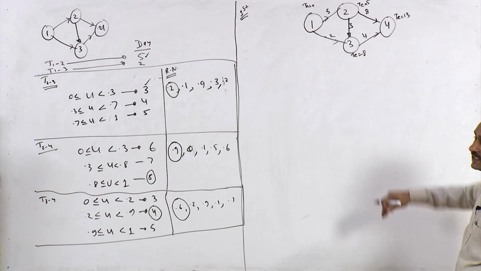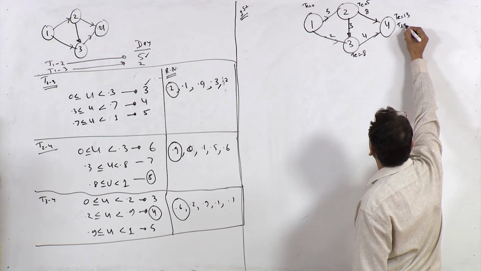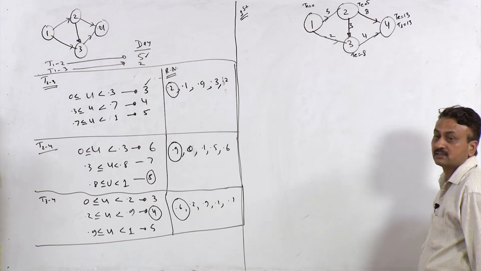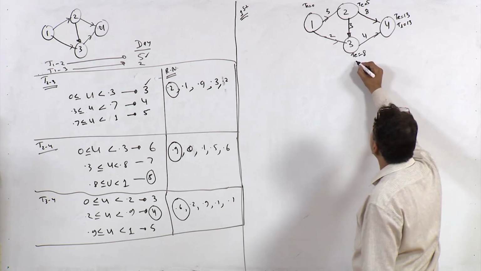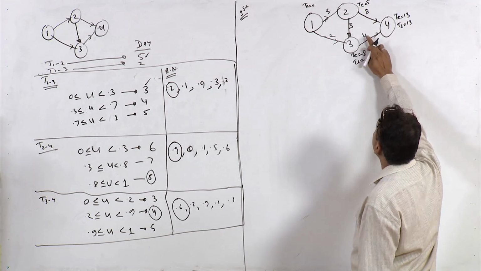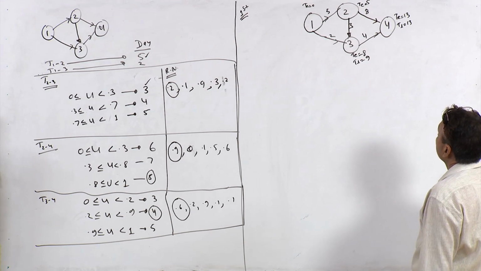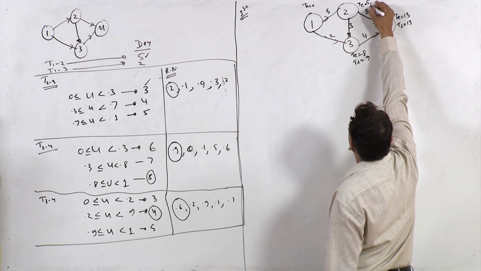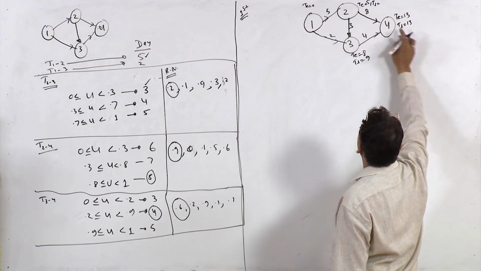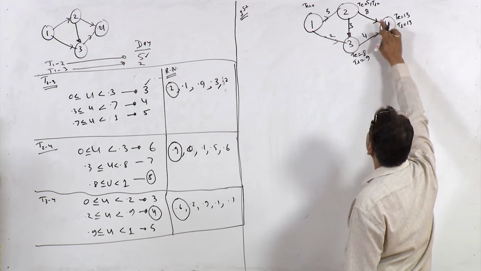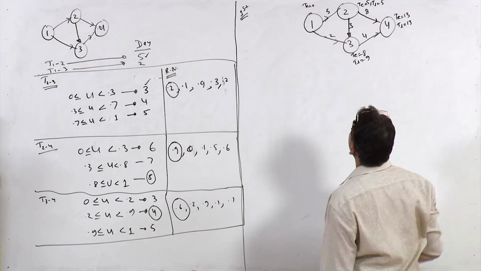Let us take TL also as 13. So, TL here is 13 minus 4, 9. TL at this point will be 13 minus 8, which is 5.